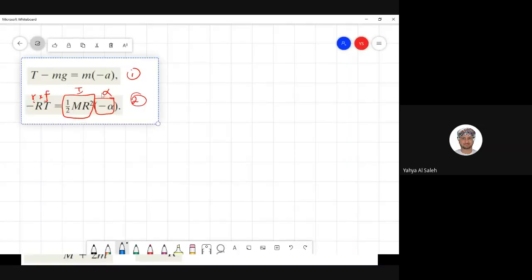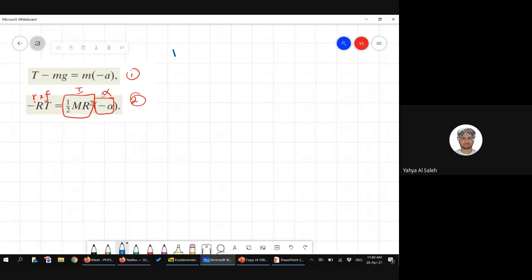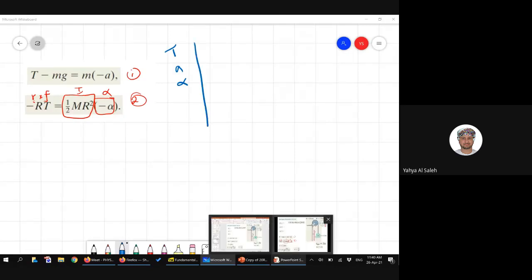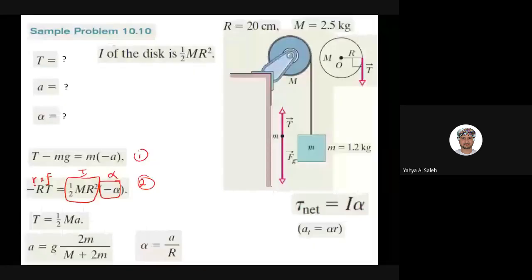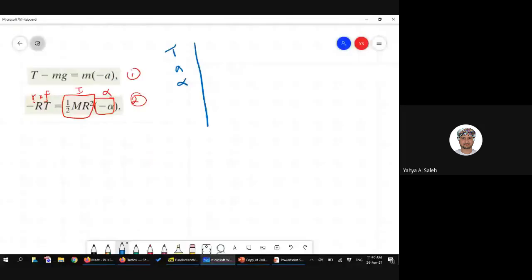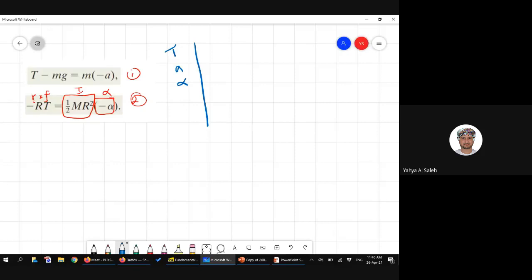So we need T, A, and alpha. Let's see what we can get. What other equations can we use? We can use A tangential equals alpha r.